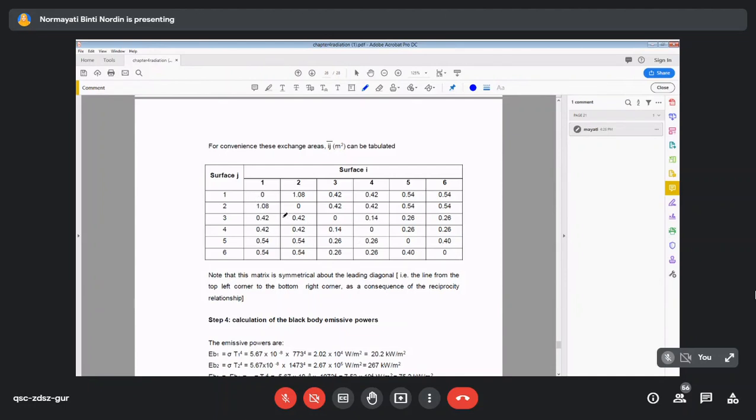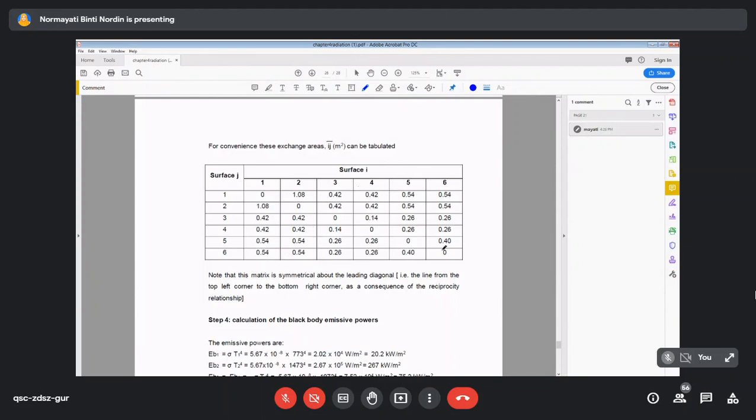Okay, apa itu diagonal matrix? So dia adalah simetri lah, maksudnya bila you akan simetri, this is a diagonal matrix. You can see that the value dia simetri pada sudut ni.